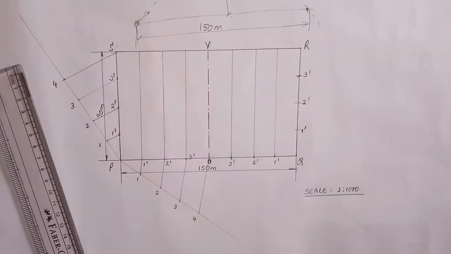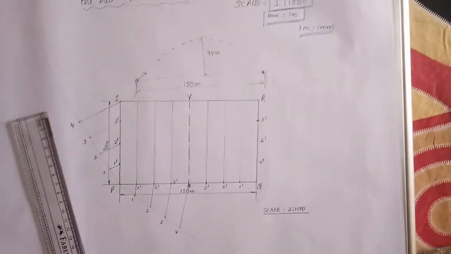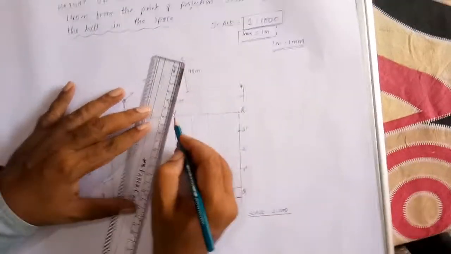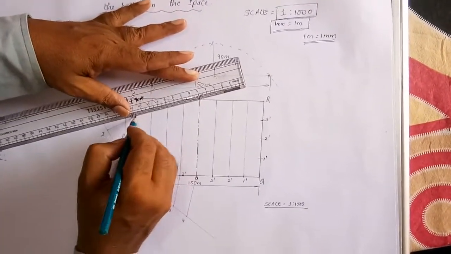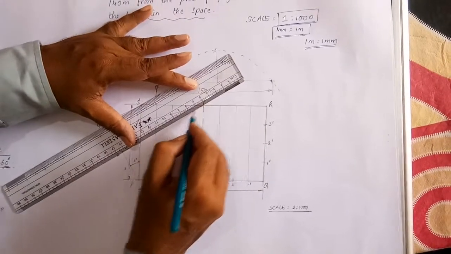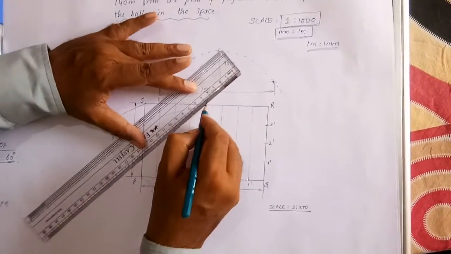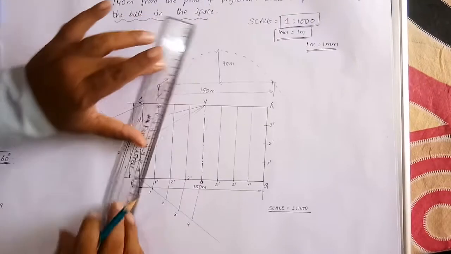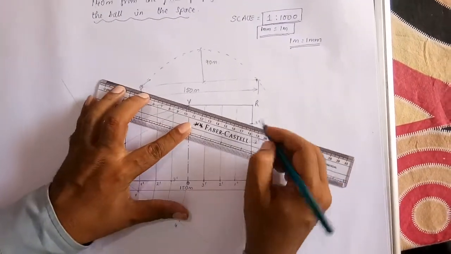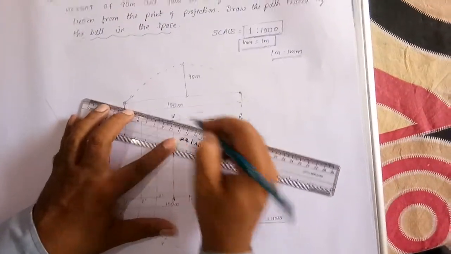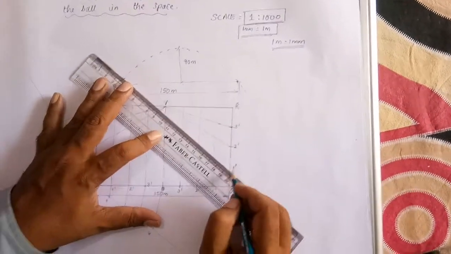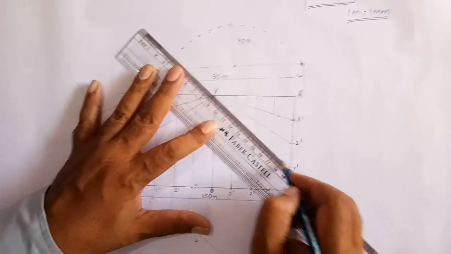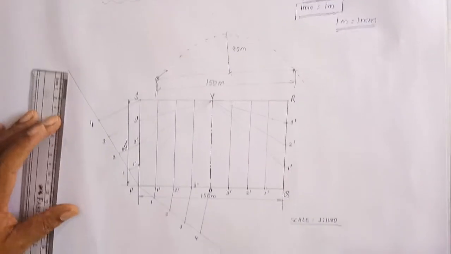Right? After drawing these lines, join V to 3 dash, V to 2 dash, V to 1 dash. Similarly this side, join V to 3 dash, V to 2 dash and V to 1 dash. Right?